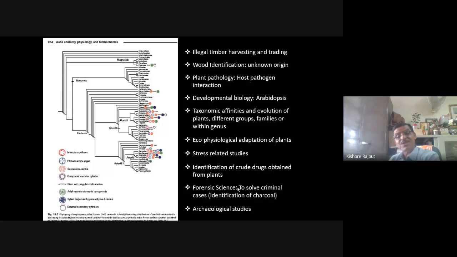Then plant pathology, that is host pathogen interaction, particularly in agricultural crops. Developmental biology, that is what we are doing nowadays. Molecular studies, where we are altering genes, overexpressing or down regulating genes, and looking at their effect on wood structure, because wood is one of the important components in human life.